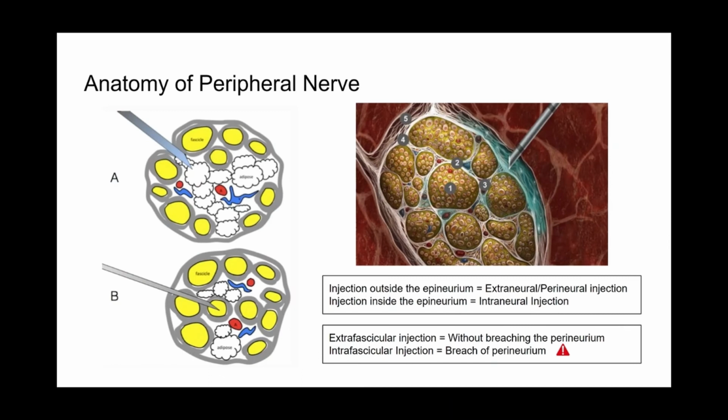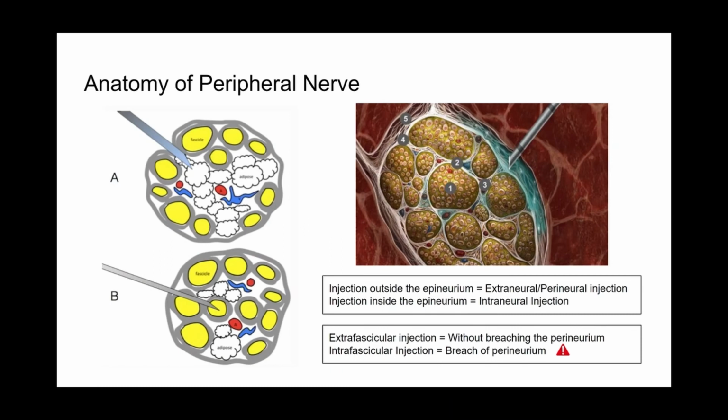Some nerves, for example the more proximal nerves when compared to the more distal nerves, will have a higher ratio of neural tissue compared to non-neural tissue. This higher ratio of neural tissue will increase the risk of nerve injury if you inject inside the epineurium, because there is a higher chance for you to hit the fascicular bundles.